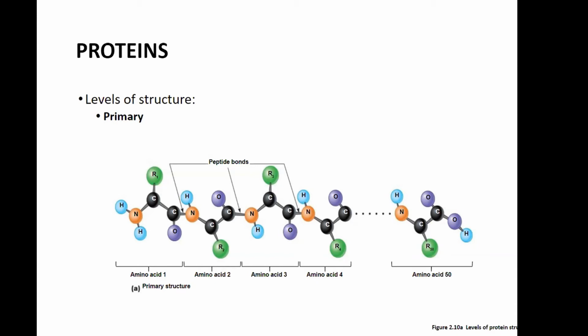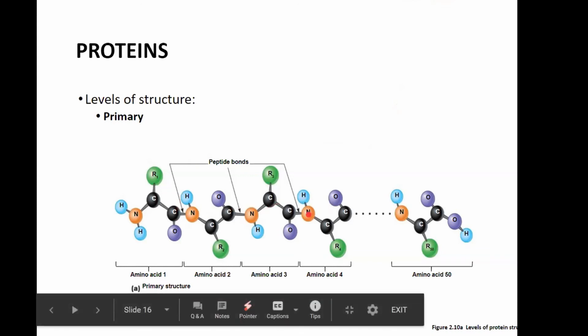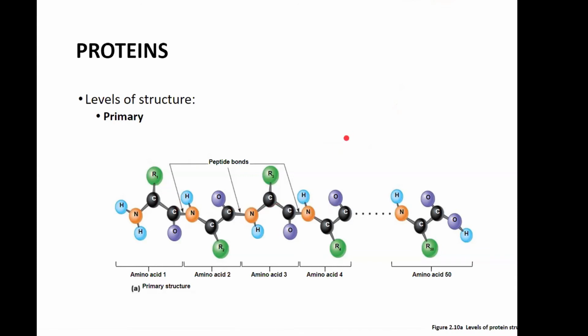So the primary structure of our protein is just, we got one amino acid linked to amino acid 2, 3, 4, and so on. So our primary structure is all bonded together by peptide bonds. That's the name of the covalent bond between our carboxyl group and our amino group, which is why you see the nitrogen right here next to each of our peptide bonds, because that's from our amino group.